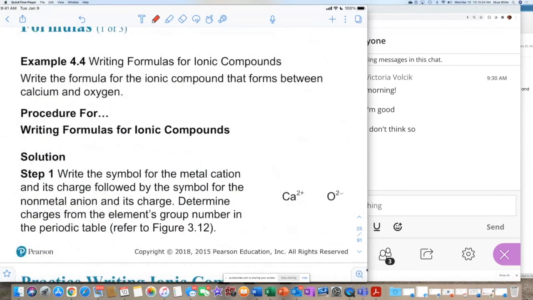Okay, now they want us to do our own ionic compound for calcium and oxygen. Calcium and oxygen. Okay. Oh, this one here, we're not using Lewis symbols, right? They just said, write the formula for the ionic compound that forms between calcium and oxygen. That's just it. Okay.